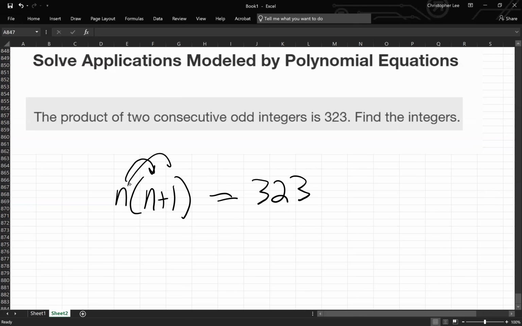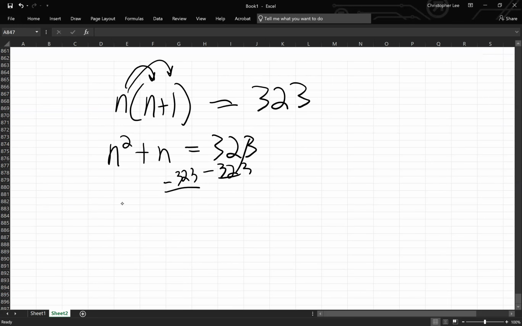Distribute: n squared plus n is equal to 323, right? Subtract 323, and you're good to go. You have n squared plus n minus 323 equals 0. And that's it. You could just factor that.